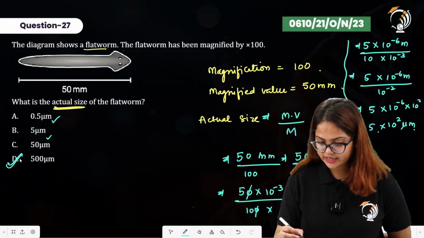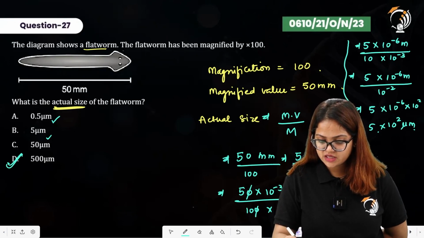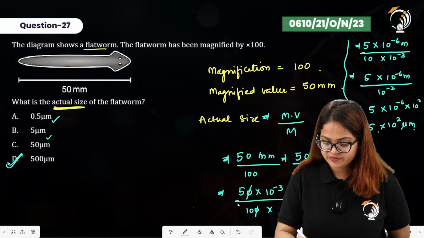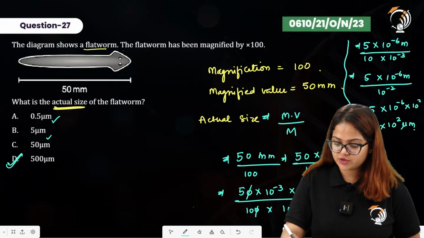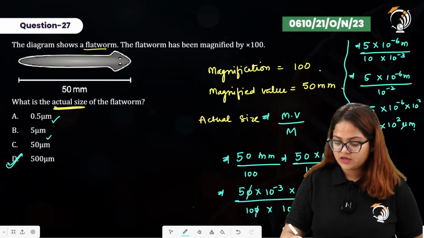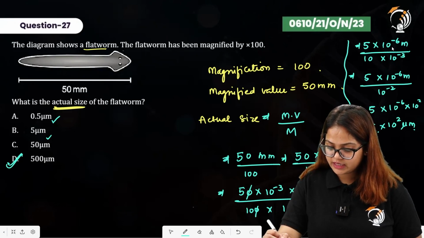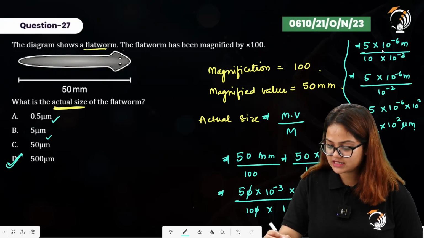So magnified value by magnification, 50 millimeter divided by 100. This is 50 into 10 to power minus 3 meter divided by 100. 50 into 10 to power minus 3 into 10 to power minus 3 divided by 100 into 10 to power minus 3. Alright. So we are left with 5 divided by 10 over here. In the numerator there is 10 to power minus 6.